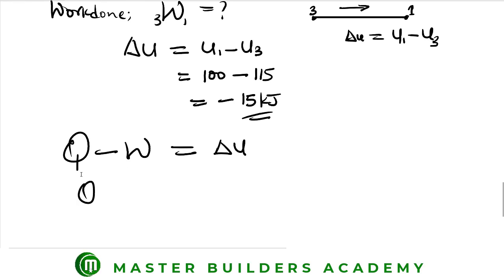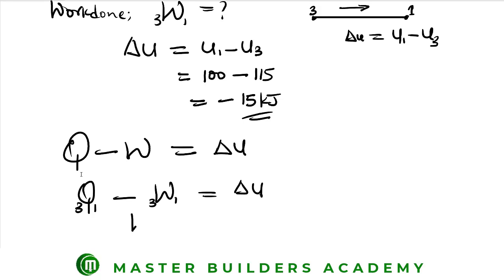So we can have this as Q 3 to 1 minus W 3 to 1 is equal to change in internal energy on this process. Because we are looking for W 3 to 1, this gives us W 3 to 1 equals Q 3 to 1 minus change in internal energy.